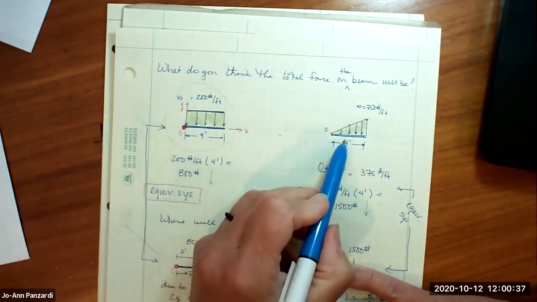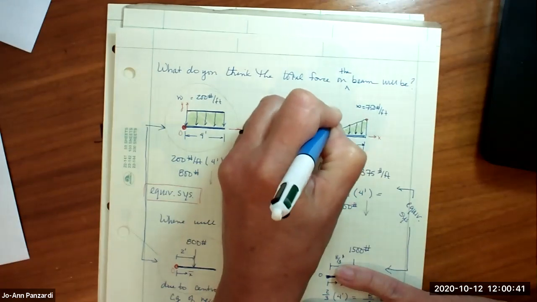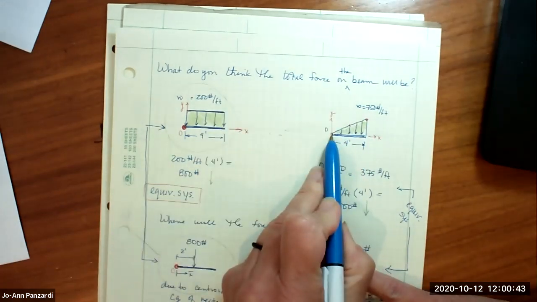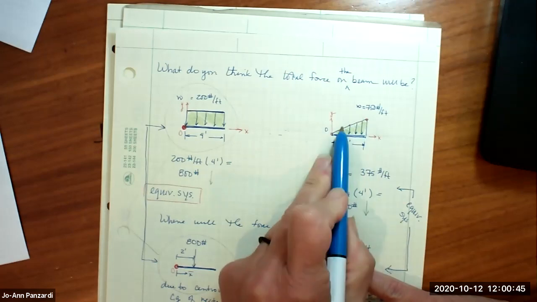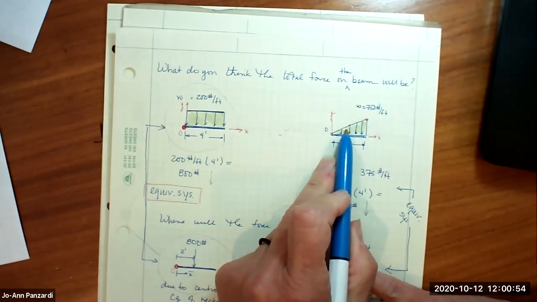Since we know that it goes from 0, we could find the slope of this line, and find what m is in mx plus b, the equation of that line. We'll look at it later on.